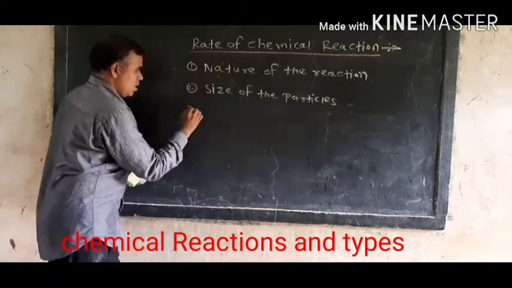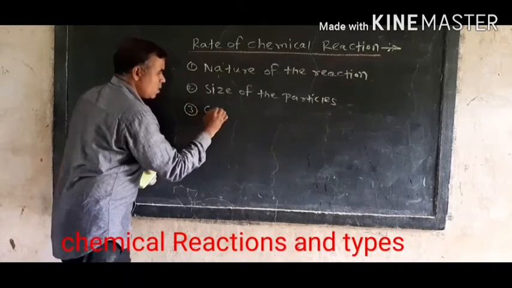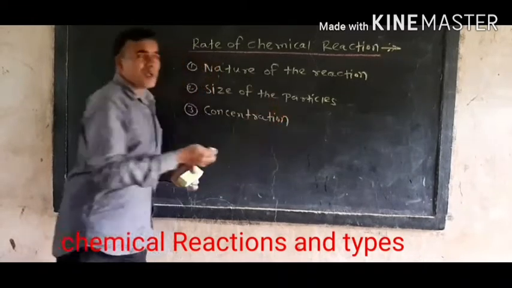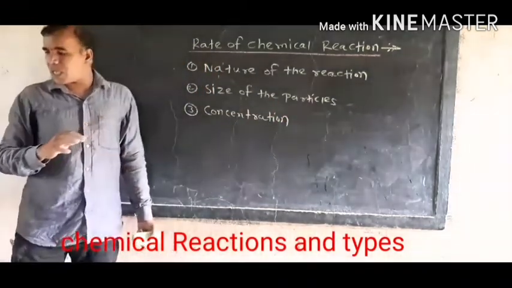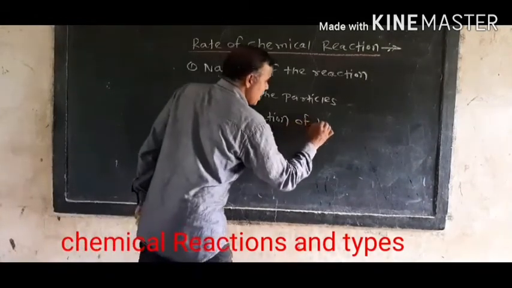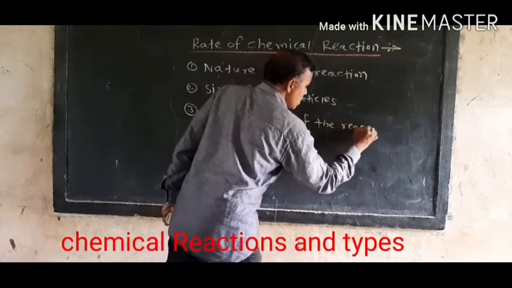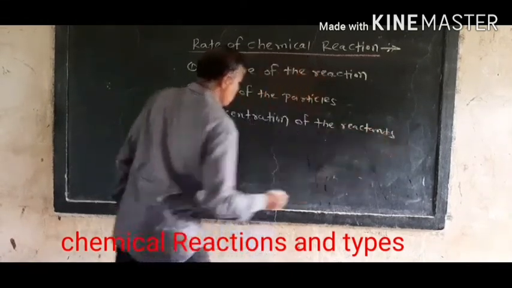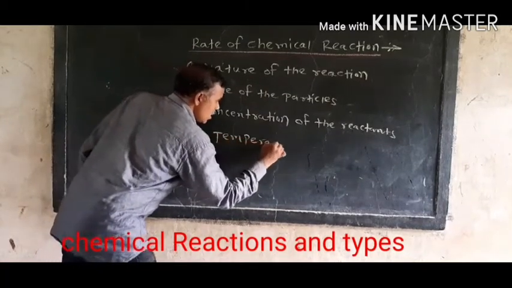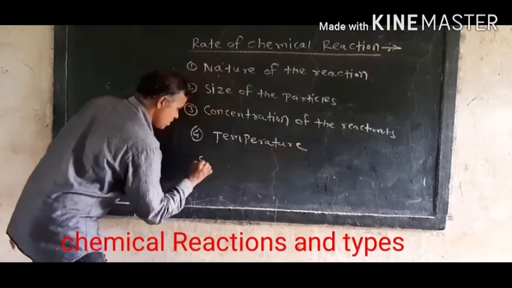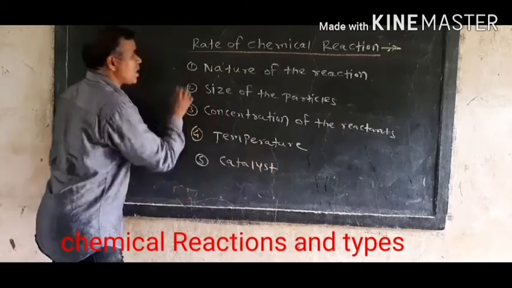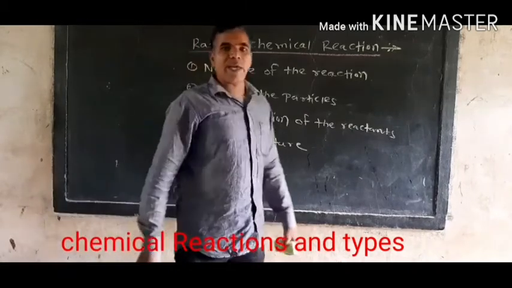Number 3, concentration of acid or base, that is, concentration of the reactants. Number 4, temperature. And number 5, catalyst. These are the 5 factors that affect the rate of chemical reaction.